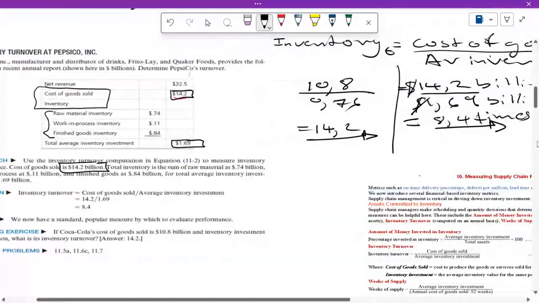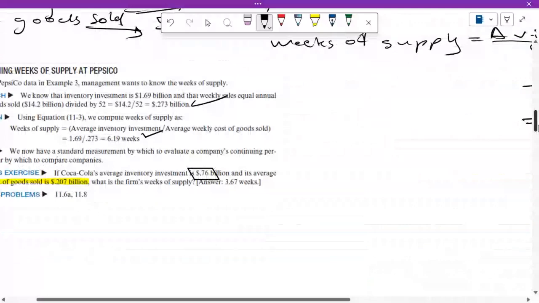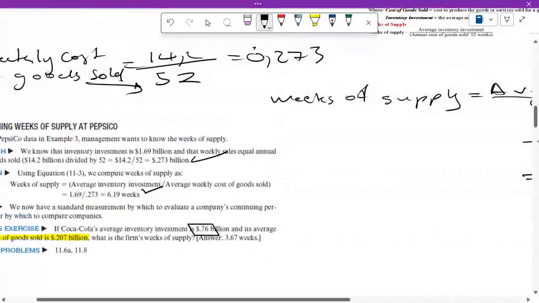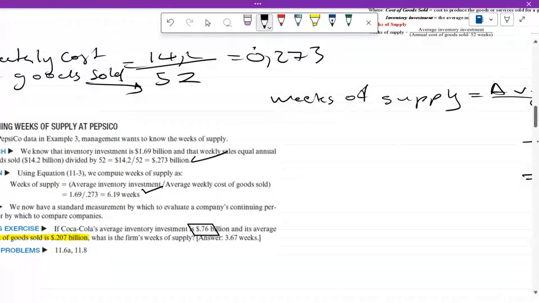Where am I? Guys, where am I? Here. Okay. So now, do I need to divide my 0.207 billion by 52? Do I divide it? Let's start there.